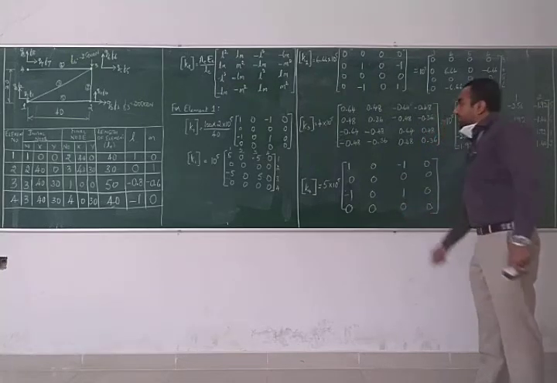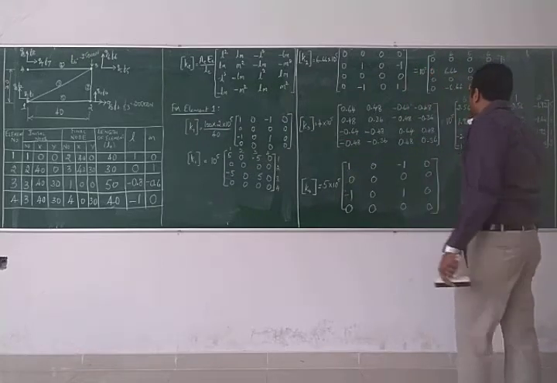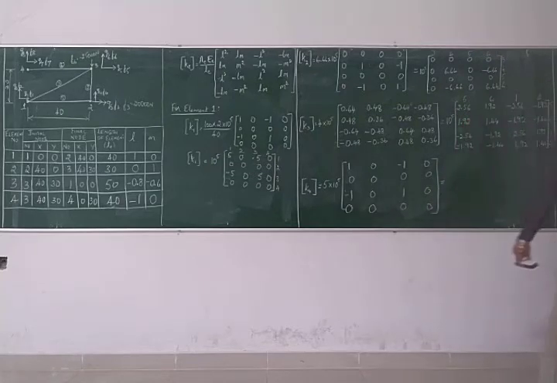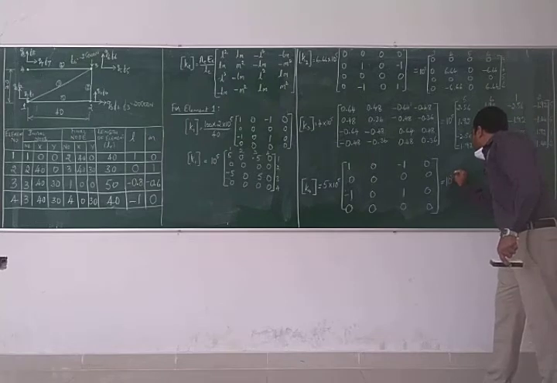This is same as matrix for element 1. So multiplying 5 inside will give the value as 10 to the power of 5. Write the matrix.